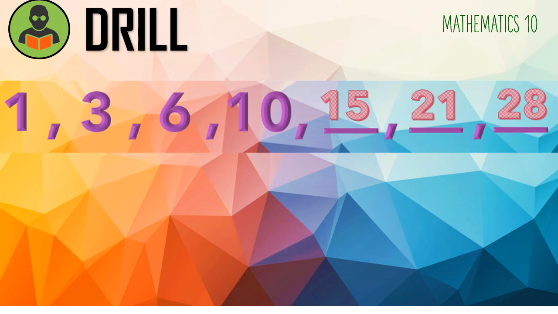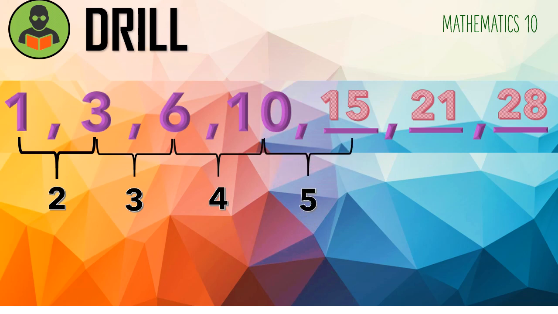Observing our pattern a while ago, we have 1, 3, 6, 10, 15, 21, and 28. As you can see, getting the differences, we have 2, 3, 4, 5, 6, 7. The first differences are not the same.